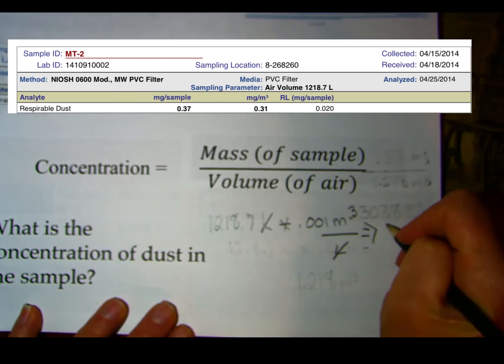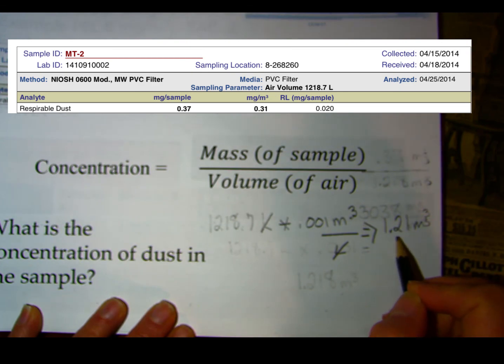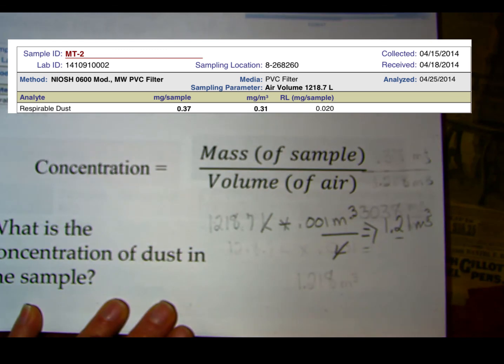And that'll give me a sample volume of 1.21 meters cubed. I'm only using 2 significant digits here because we only have 2 significant digits here. It will change your calculations depending on how many significant digits you use.